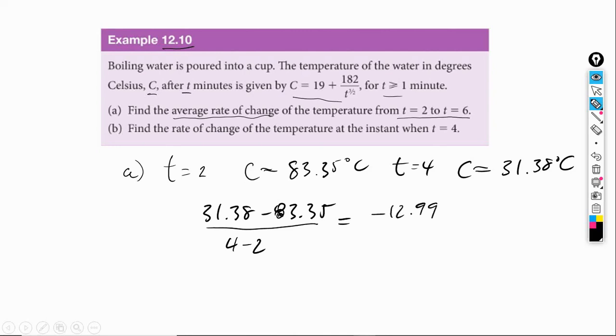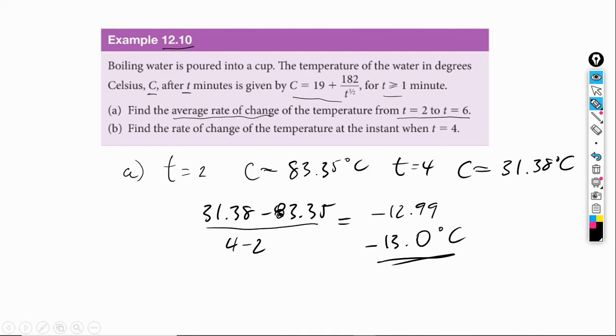So the answer would be that the average rate of change of the temperature from t equals 2 to t equals 6 would be then, we need to write this in 3 significant figures, so that would be minus 13.0 degrees Celsius. So the temperature is dropping at an average of 13 degrees Celsius. So that would be A.